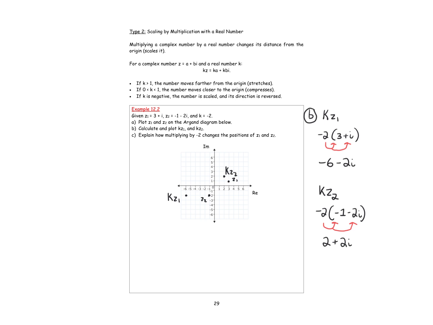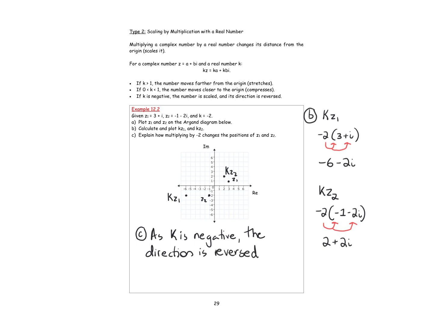kz2. Part c says, explain how multiplying by minus 2 changes the position of z1 and z2. As k is negative, first of all, the direction is reversed.